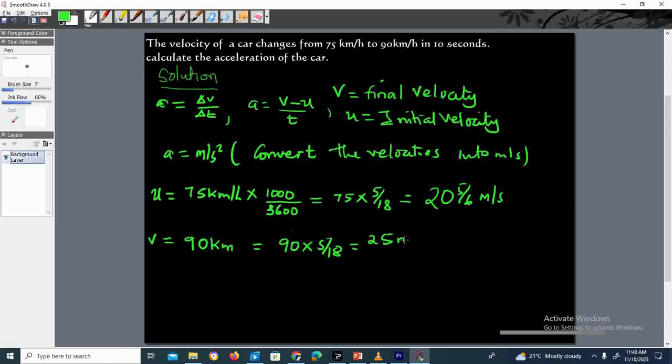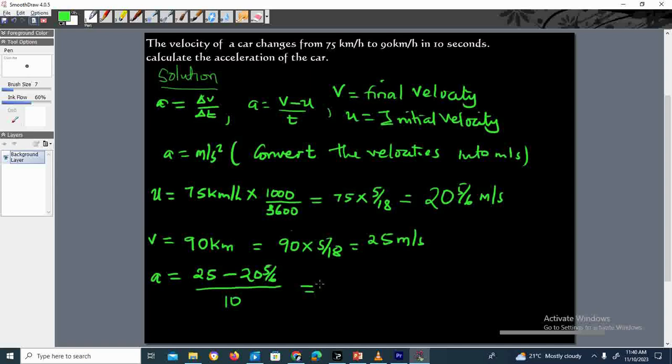So now you can get the acceleration, which will be the final velocity, 25 meters per second, minus the initial, which is 125 over 6 meters per second, divided by the time it took for the velocity to change from 125 over 6 to 25 meters per second. And that time was 10 seconds.